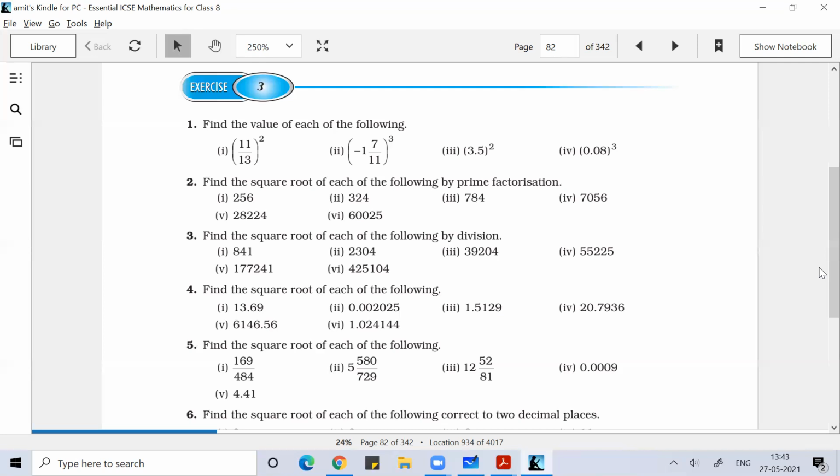Will it go by 7? 14. Divided by 7, no. Divided by 3 will not go either, how did I get stuck? Sir, I'm not getting it. What do you have to do? Yes, 55225, you don't know how to find the square root? I am not getting the answer. What is the square root of 841? I think it's 29. Then the square root of 2304? 48. The square root of 39204? 198, correct. Then why won't it come out for 55225? I don't know, sir.